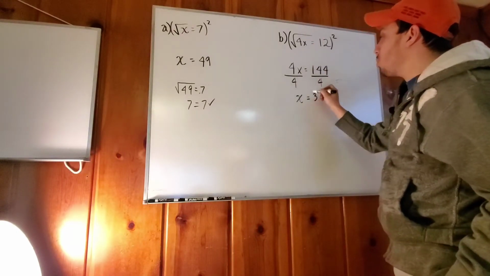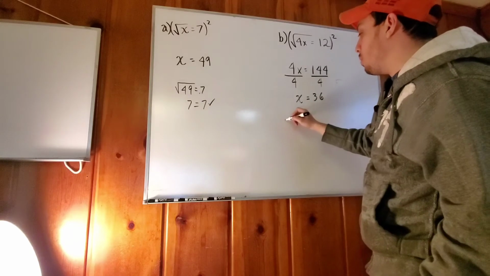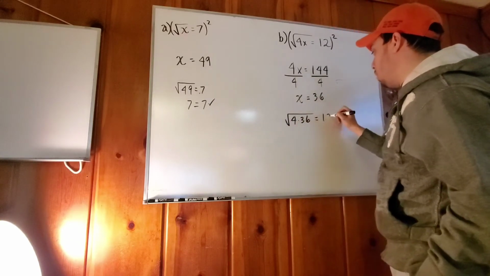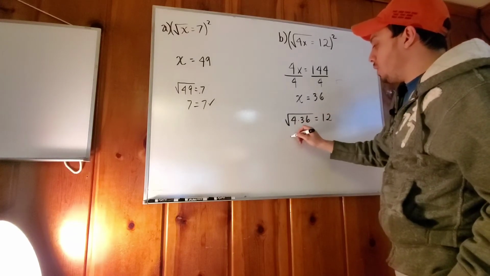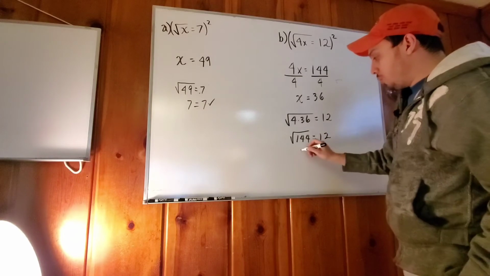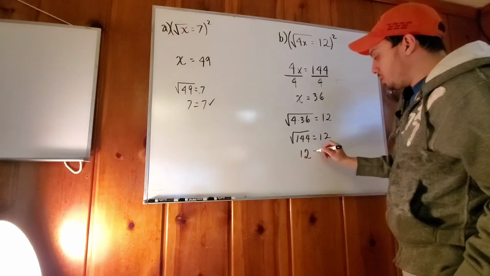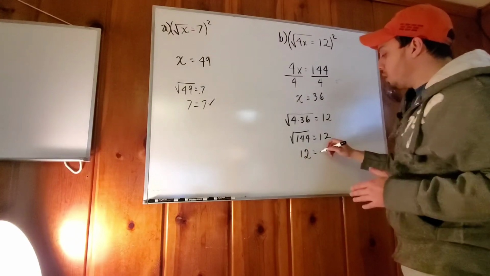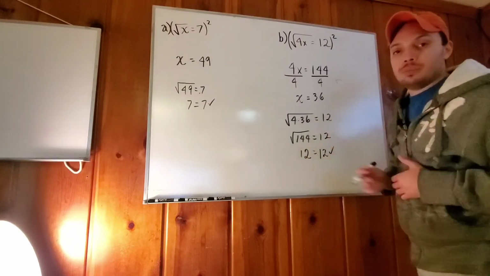But we already know that 36 times 4 is 144, but we have to do it anyway. 4 times 36 is 144. Square root of 144, sorry, is 12. And so 12 is 12, and boom, I finished.